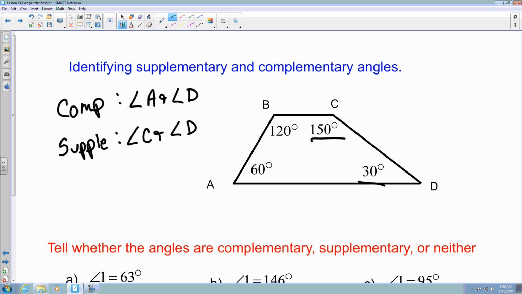I also notice that 120 and 60 add up to 180. So we have another set of supplementary angles. I could say that angle B and angle A also fit that description. So you can have more than one complementary, and more than one supplementary angle, in a specific polygon.